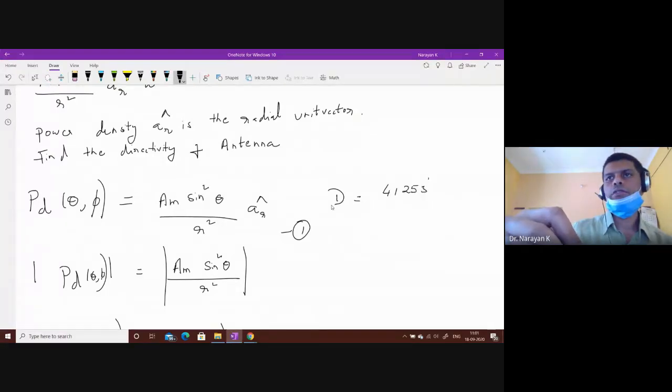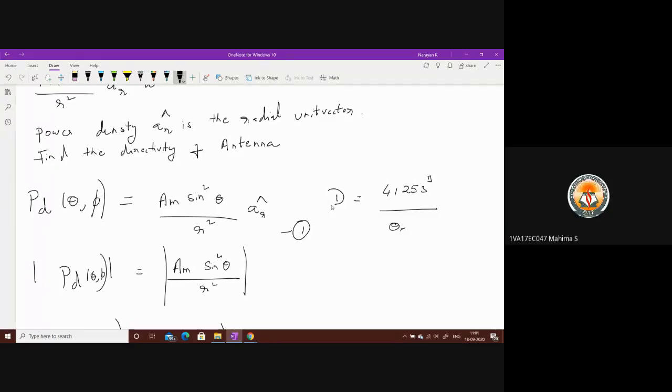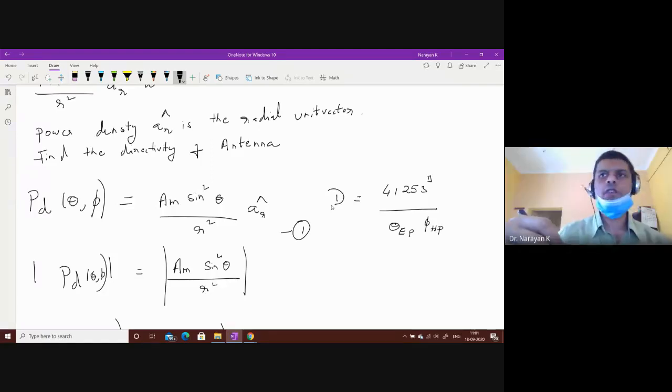41253 square degrees. All of you are understanding what I am trying to do? Okay. So this is the formula. Now, here field is not given, your power is given, the normalized value of power.